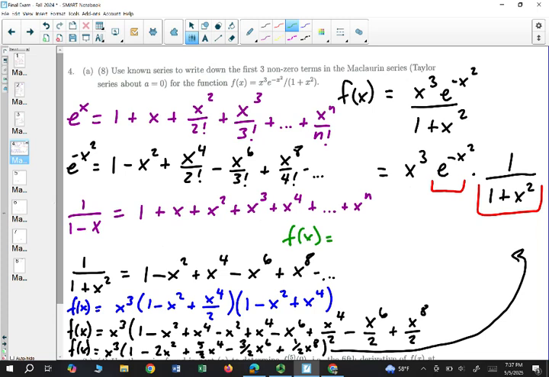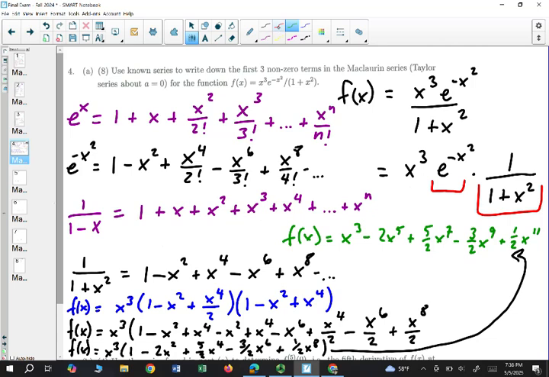If I distribute the x cubed, that'll turn into x cubed minus 2x to the fifth plus 5/2 x to the seventh minus 3/2 x to the ninth and then plus 1/2 x to the 11th.